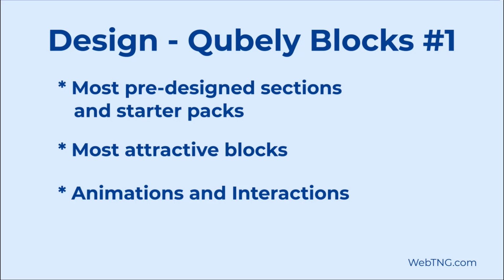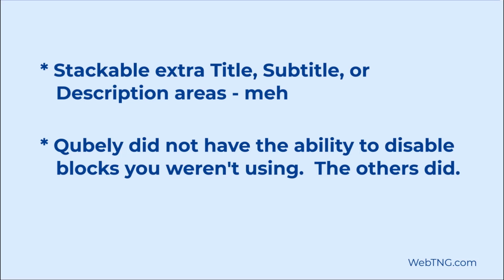Now, I understand they're having another plugin for starter sites that will have some of those things, but that's not what we're looking at in this video. As noted in the video, Stackable included options for title and subtitle or description on many of its blocks. I didn't see anything wrong with that because they're optional, but it also didn't seem really necessary.